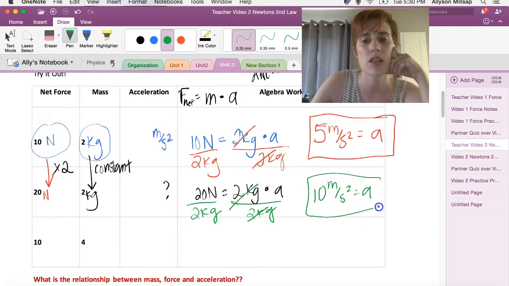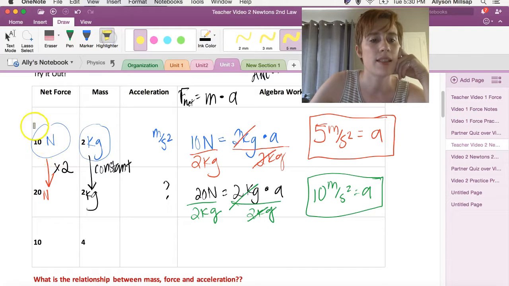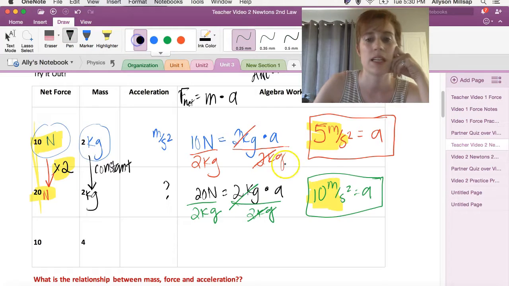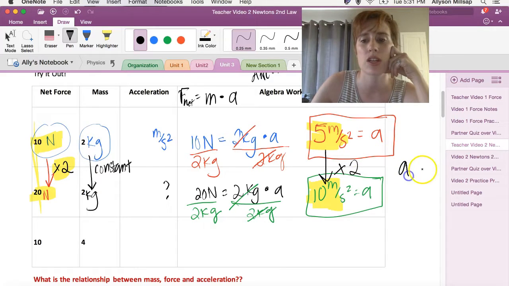So my question is, when I doubled my force, it was at 10, it's at 20, I doubled it, what happened to my acceleration? Well, it was at 5, now it's at 10. Did it get doubled? Yes, it did. This tells me that acceleration and net force are directly related.